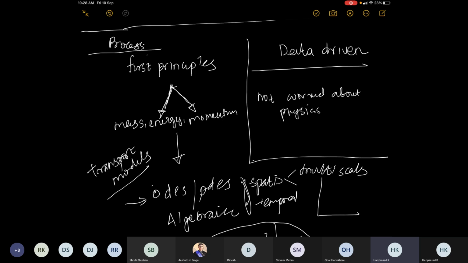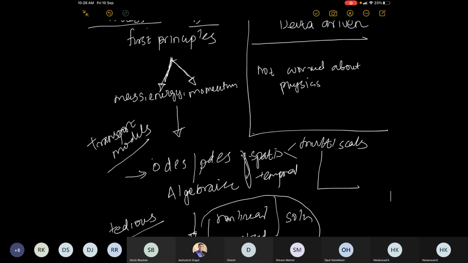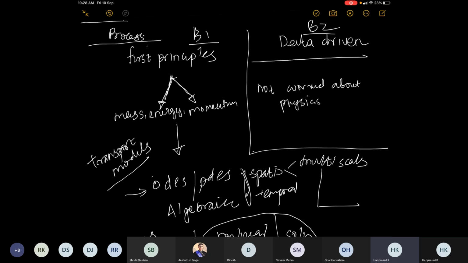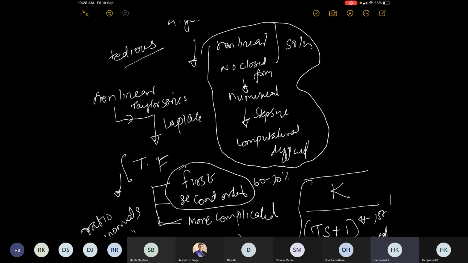So let's say this is branch one, I'll call it B1, and this is branch two, B2. In branch 1, the primary requirement is that you need to have a first principle model, which means that some insight related to the physics is needed. And you do all manipulations.